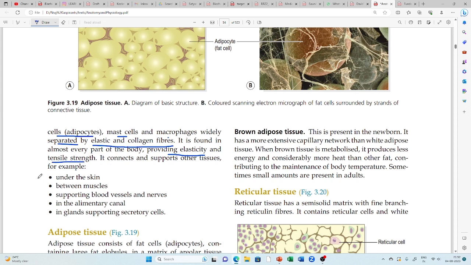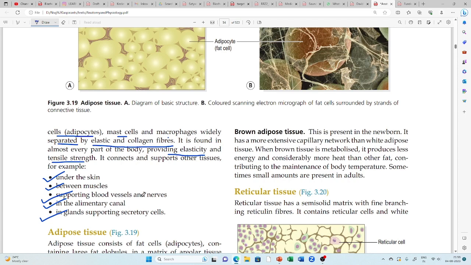For example, under the skin, between muscles, supporting blood vessels and nerves, in the alimentary canal, and in glands supporting secretory cells. In these areas we can see loose connective tissue or areolar connective tissue. What is the specification of loose connective tissue?